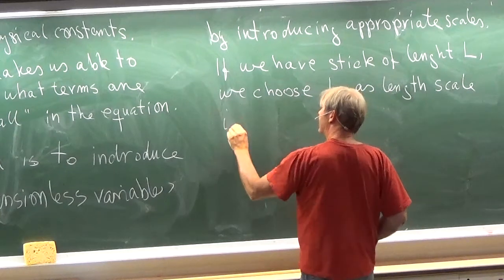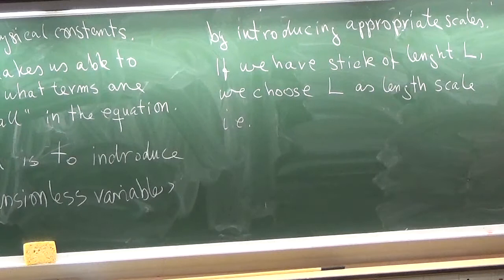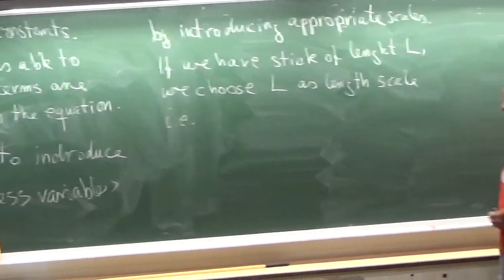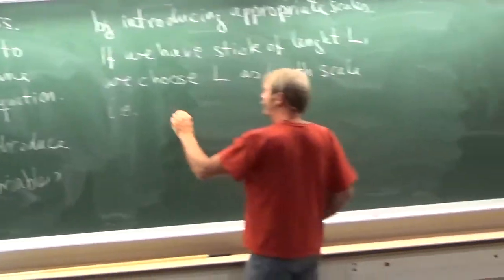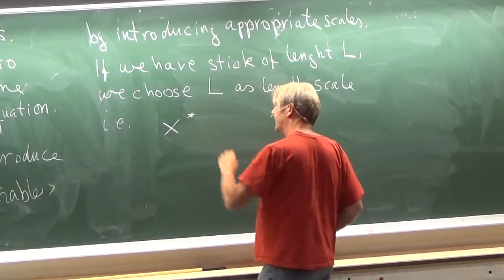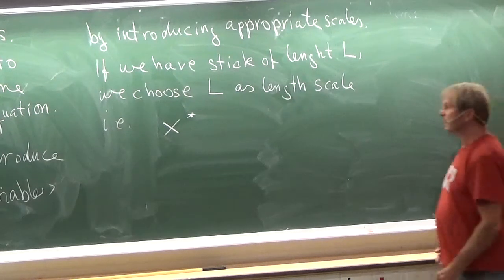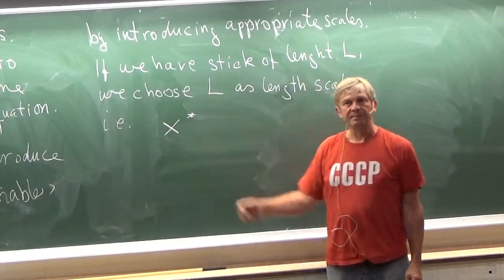And now I'll show you some notation. That's a bit awkward notation. Usually I don't use it myself, but to be clear here, we'll use it. So we say that the physical length is x with a star here. So that's in meters, say.